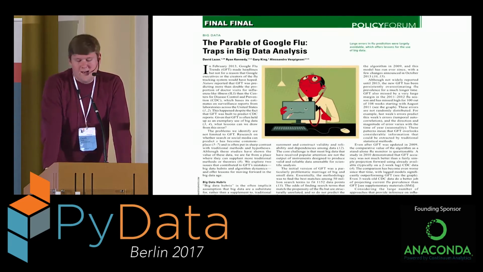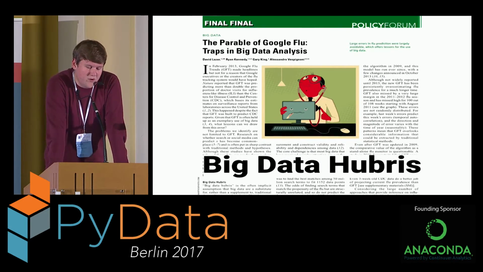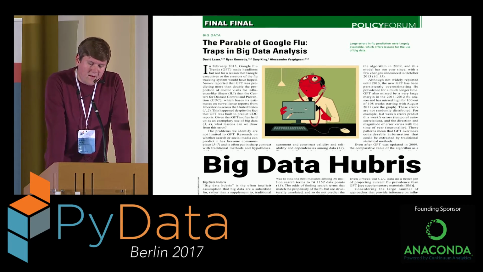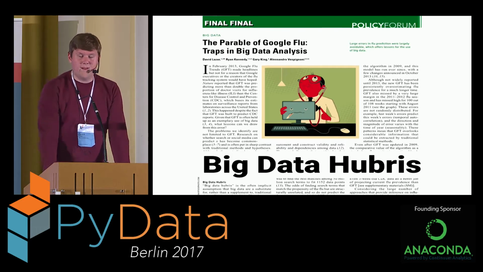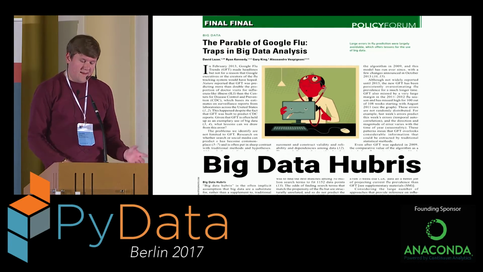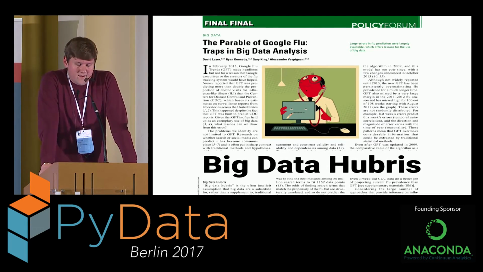The problem is they couldn't. Because after 2 or 3 years, there was this issue discussed in Science of big data hubris. Because this model about Google Flu predicted more than double the proportion of doctor visits than actually happened. And there were 2 main reasons for that.